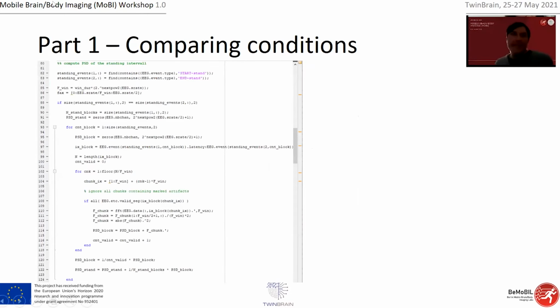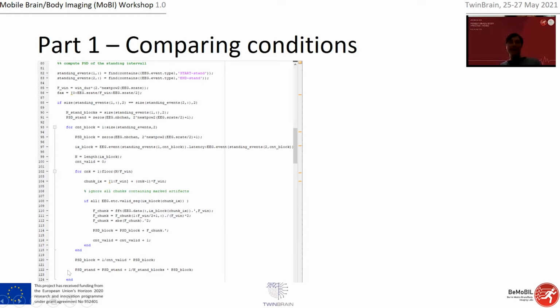So what I did here is to get chunks of a specific window size and do the frequency analysis for every window, but only for windows containing only good data. And that is what I'm doing here. Basically, it should be as similar as possible to the power spectral density computation using Welch's method, but without the bad epochs. That is quite helpful.